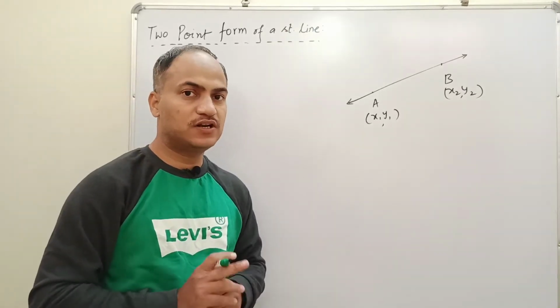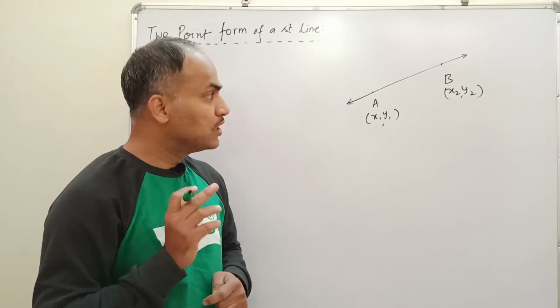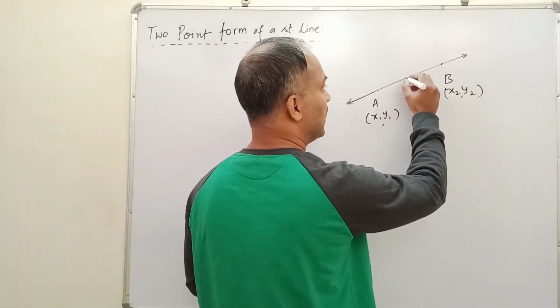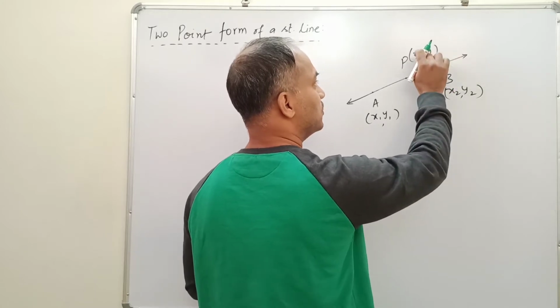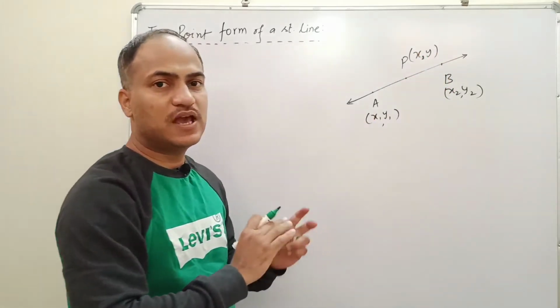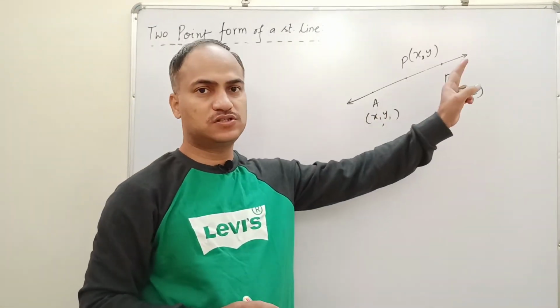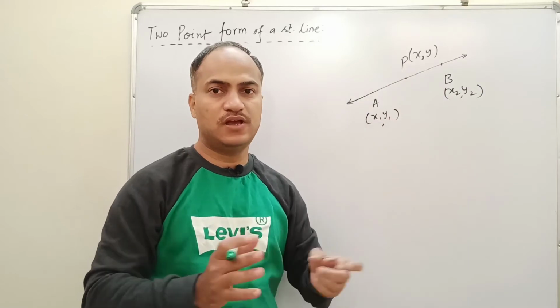Earlier we were given the slope; in this case we are not given the slope. So what we do is take any variable point P on this straight line. This point can be anywhere on this line, before A, after B, or between them.